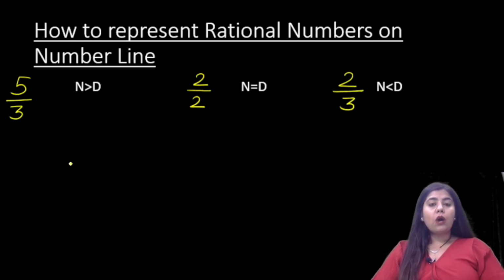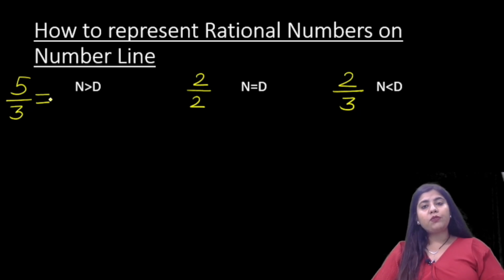Now let us learn how we can represent these types of rational numbers on the number line. If we talk about the first one, when the numerator is greater than the denominator, we took the example 5 upon 3. Just convert it into a mixed fraction. We know that it is an improper fraction and we can convert it into a mixed fraction. So when we convert it, we will get 1 and 2 upon 3.